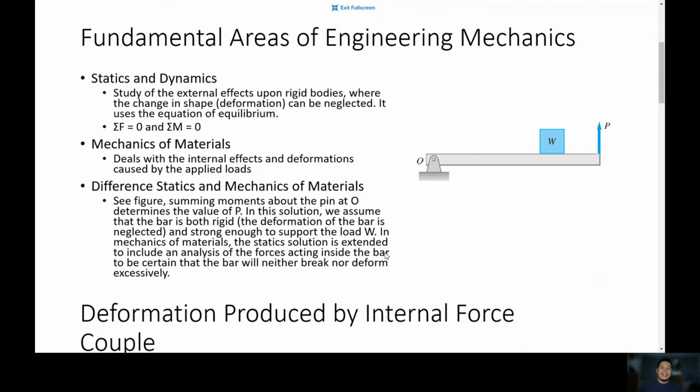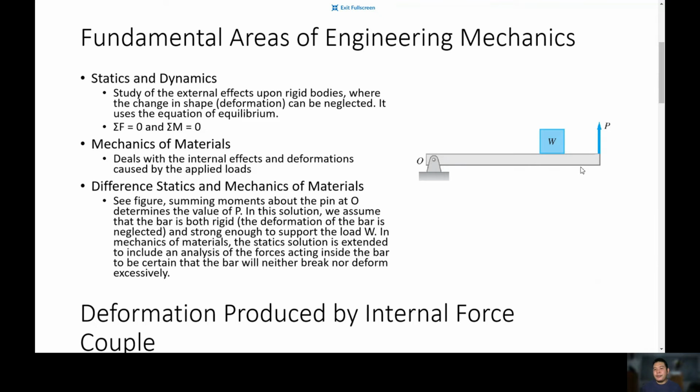Alright, so this is the thing that I am basically referring to. So if the weight W is much greater than what the bar can hold, basically this bar will deform permanently.